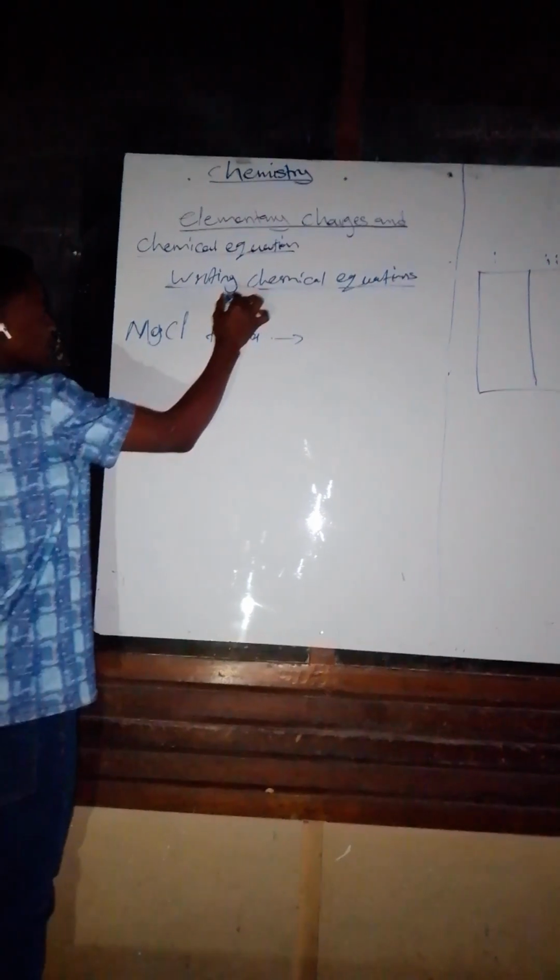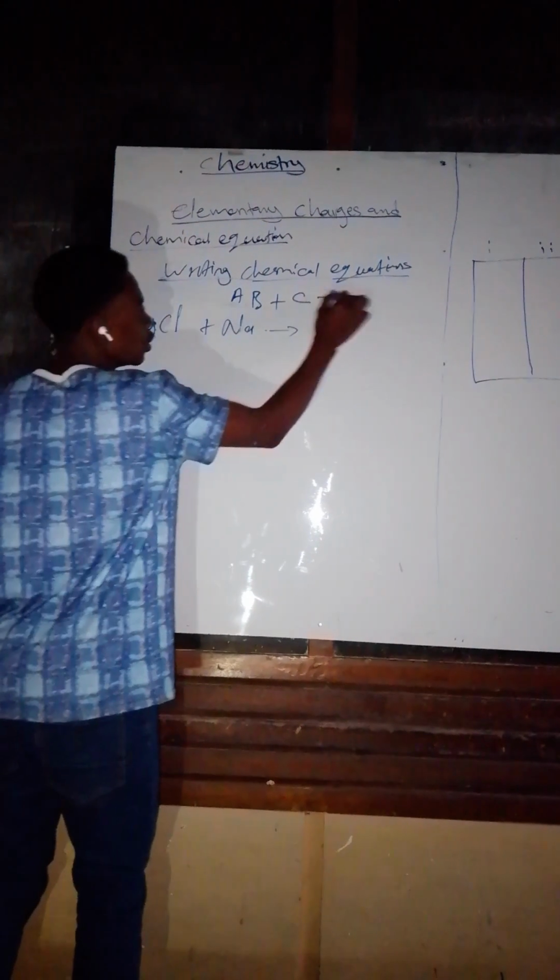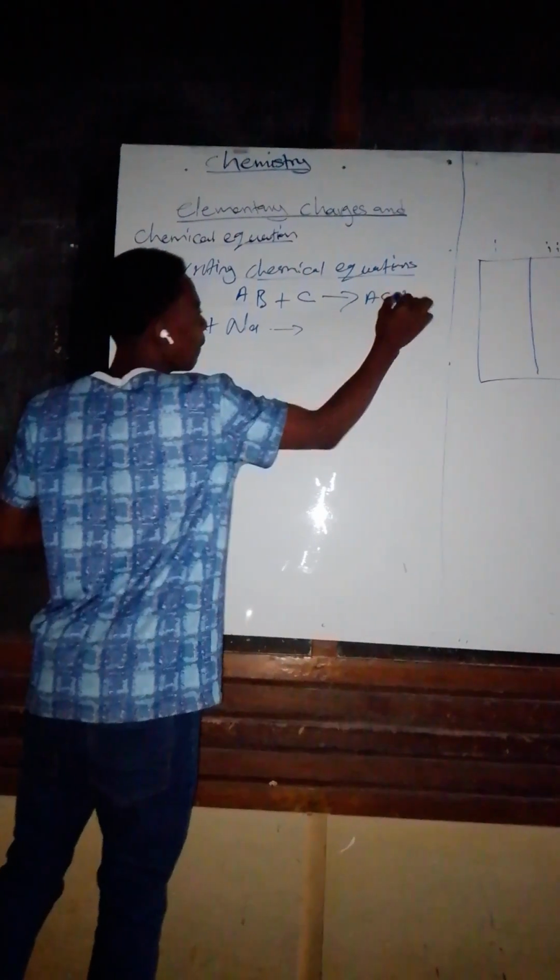What is going to happen here is there will be a replacement reaction. A more reactive metal will replace the less reactive metal, which is followed by an order of reaction like this one. AB reacts with C to produce AC plus B.